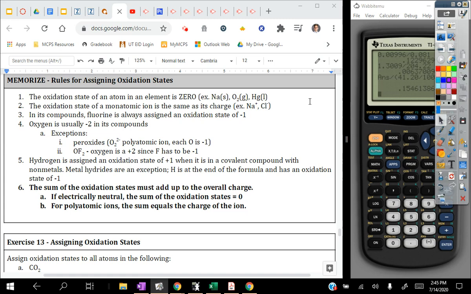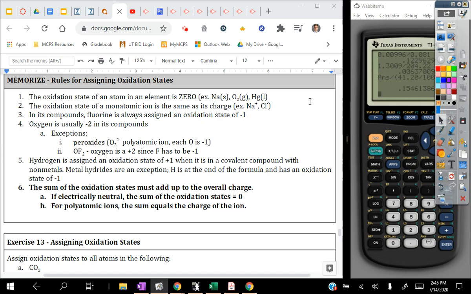There are some exceptions. The peroxide ion, which is a polyatomic ion, is O2 with a 2- charge. Each oxygen is a -1 oxidation state. There's also an example for OF2, where oxygen is +2 since F has to be -1.